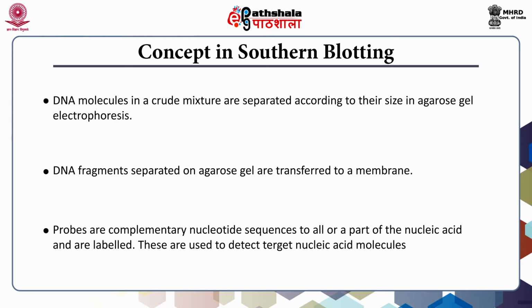If the probe finds its complementary site in any DNA or RNA molecule, it will bind to the site and will provide a specific signal after autoradiography. If molecules of specific size are detected with the probe, we can be confident that the hybridization experiment was specific, and we can find out the location or presence of the desired gene in fragmented DNA molecules.